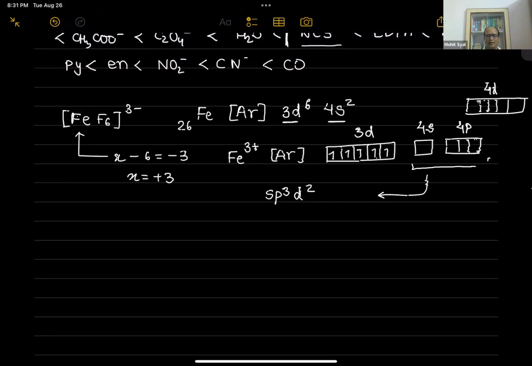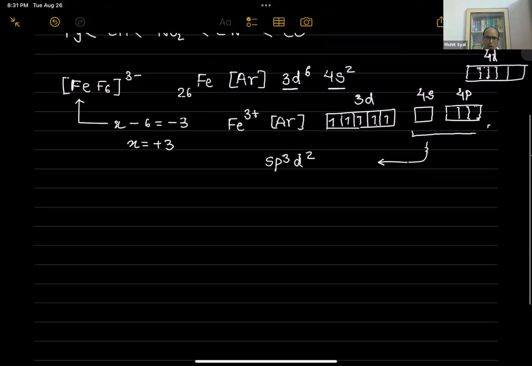Why sp3d2, Jaslin? Why sp3? Because there is one 4s orbital, 3 from 4p, and 2 from 4d orbitals getting involved in hybridization. So that's why the name sp3d2 hybridization.